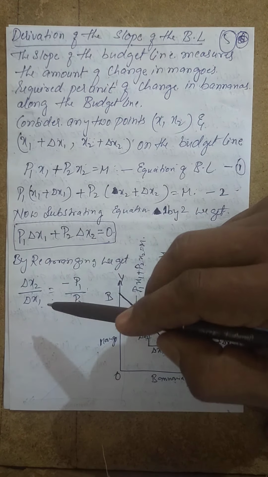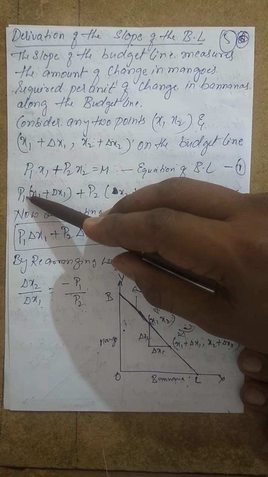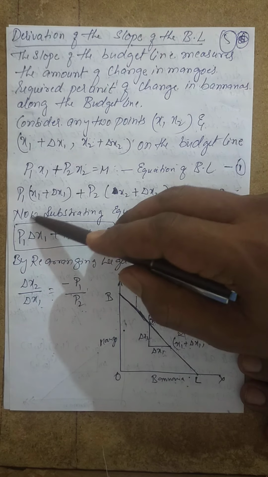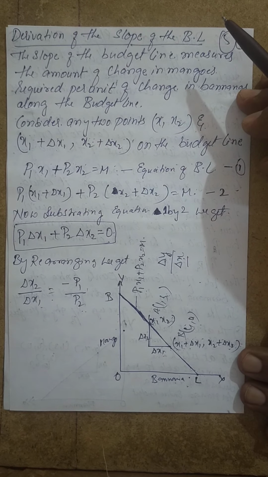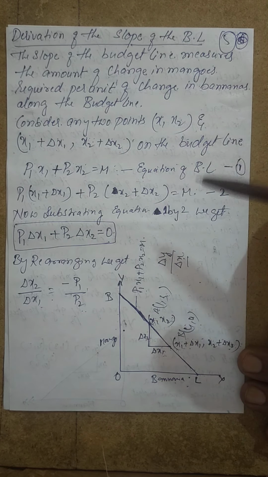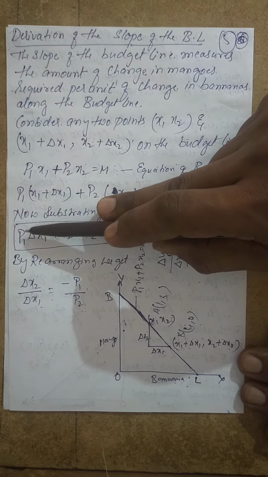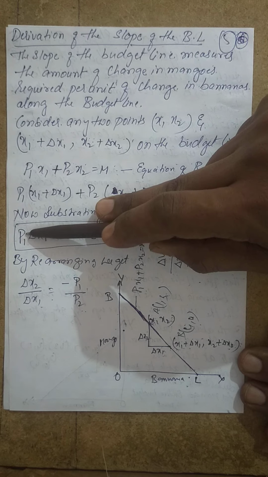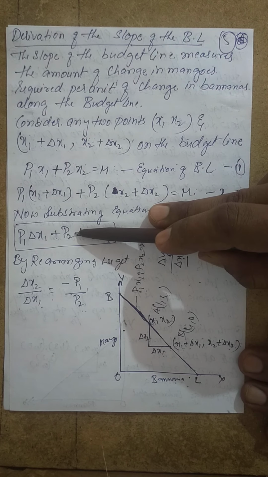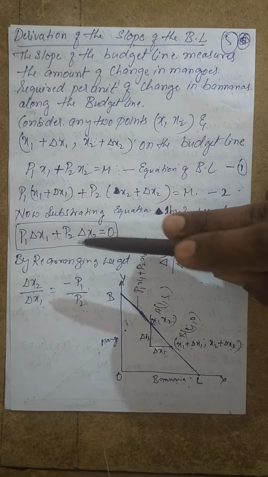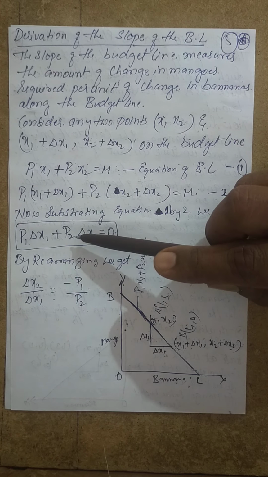These are like terms. Now you might say, sir, this is also P1, this is also P1, if we cancel that also, that is also correct. No sir, no. Why? Because here we are calculating the change in price, okay. That means we want P1, we want P2 both, okay. Change in price of first good and change in price of second good.